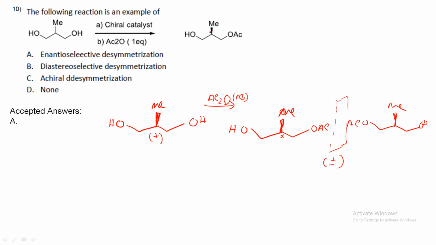So to retain the stereochemistry, if we do not use a chiral catalyst here and do the protection with acetic anhydride, this chiral molecule would be racemized without touching the chiral center. So this is one of the things. That's why with a chiral catalyst we are doing the enantioselective desymmetrization.